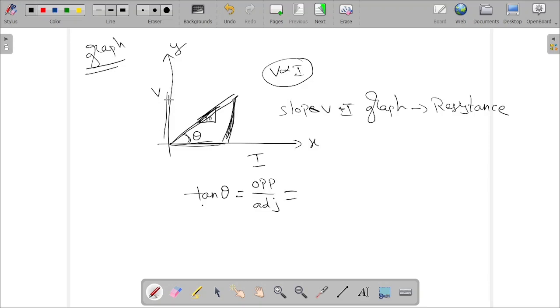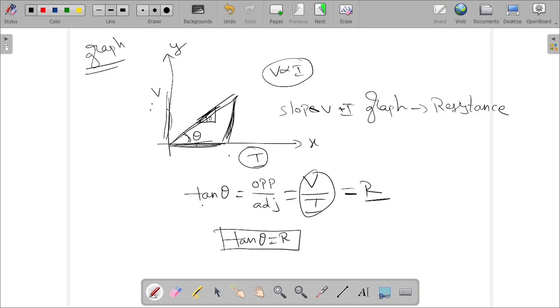The opposite side is parallel to V, so the opposite side is V. The adjacent side is parallel to the x-axis, where we consider I. So V by I is nothing but R. The slope of the voltage-current graph gives resistance, so tan theta equals R. This formula is important when they ask about angles.